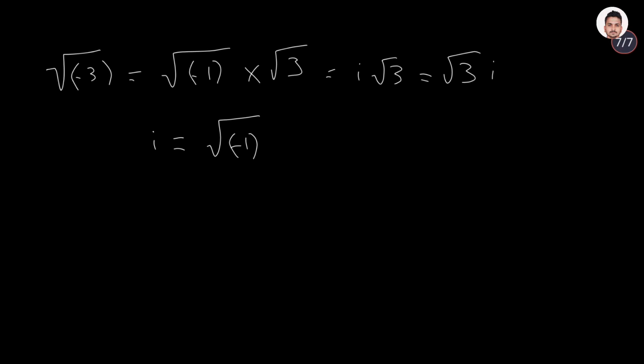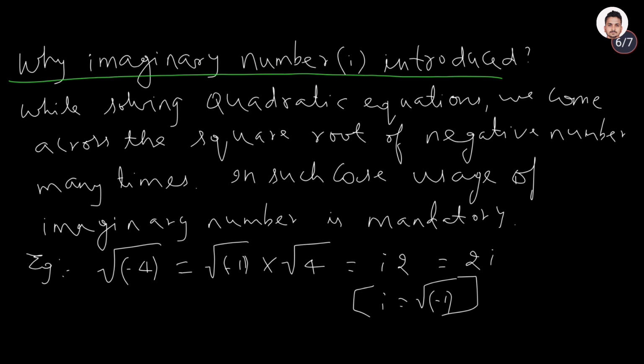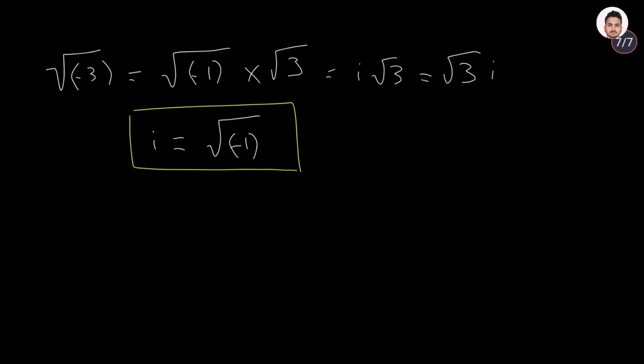In such cases we use the imaginary number i. I will explain an important point. If we observe these two examples, 2i and root 3 i, we see that each of these numbers is a product of a non-zero real number and i.